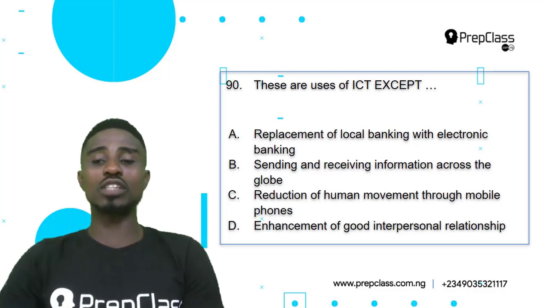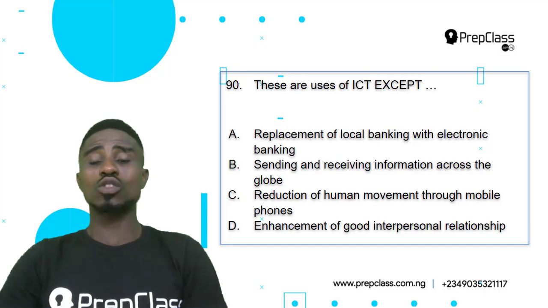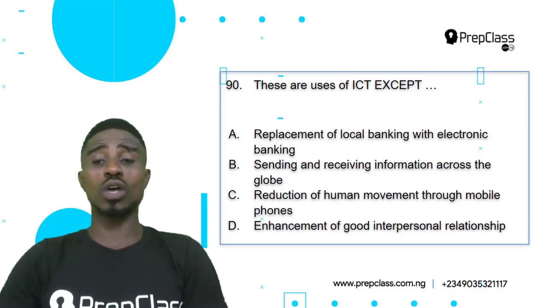Reduction of human movement through mobile phones. So yeah, ICT helps to reduce human movement. So instead of going from one place to another, you can use your mobile phone to check out what you should have left your house and boarded the bus to go for. So it helps in reduction of human movement.